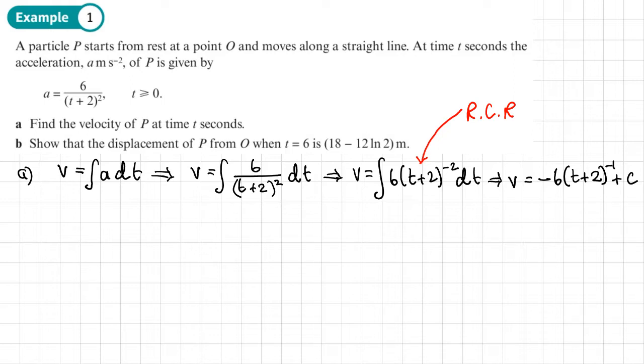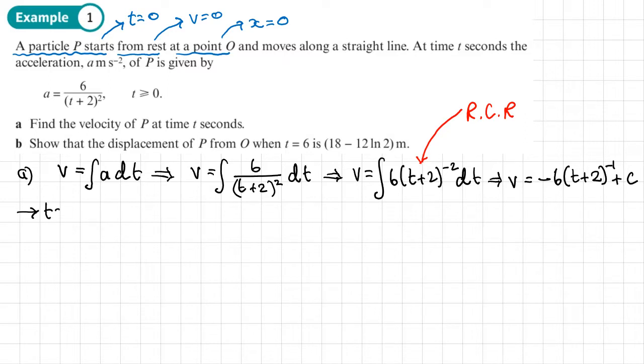We want to find C, so we look back at the question. There's going to be some information that gives a clue. So a particle P starts, t equals 0, from rest, v equals 0, at a point O, x equals 0. So these are going to be the values that I use. Well, in fact here just v equals 0 and t equals 0.